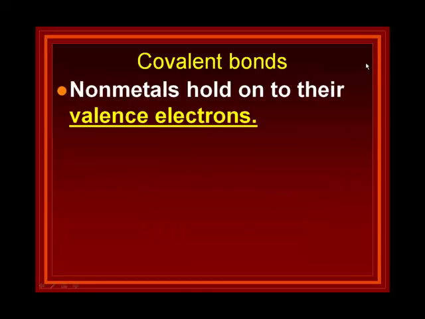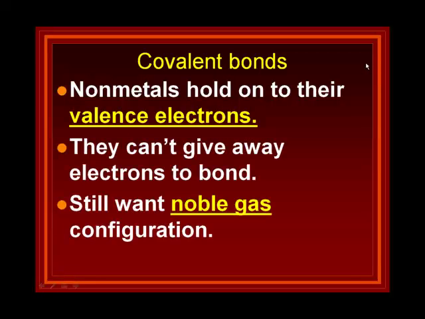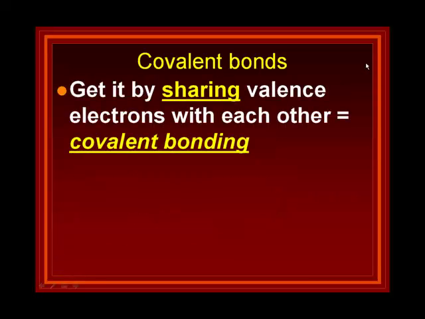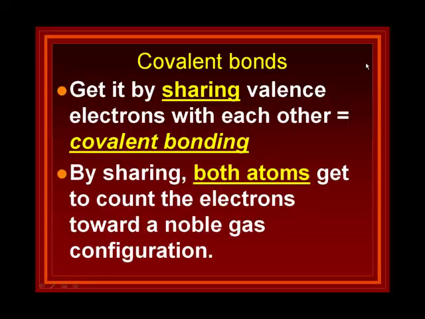Nonmetals don't transfer their valence electrons, they get to keep them. And so they have to find another way to bond. Well, they do this via sharing in order to get that noble gas configuration. So when the valence electrons are shared, you get covalent bonding.